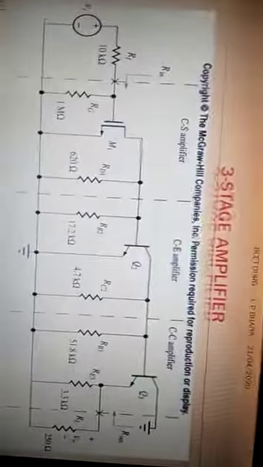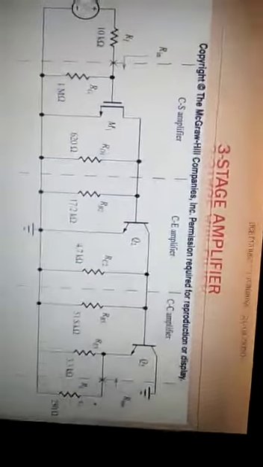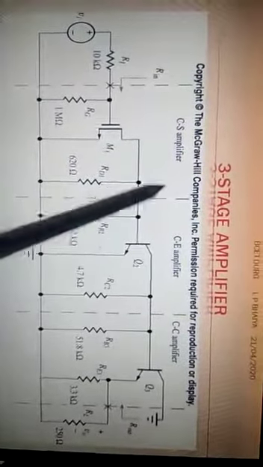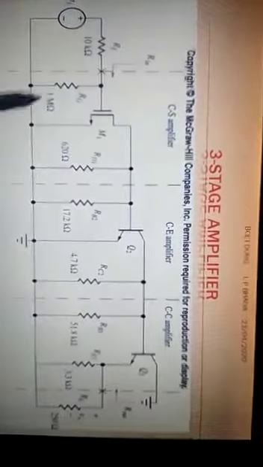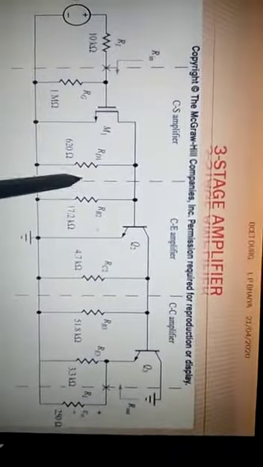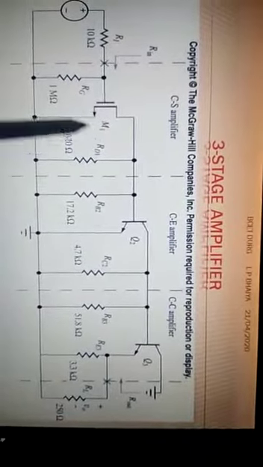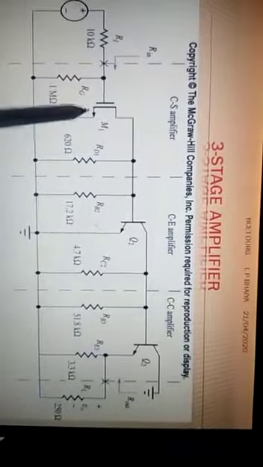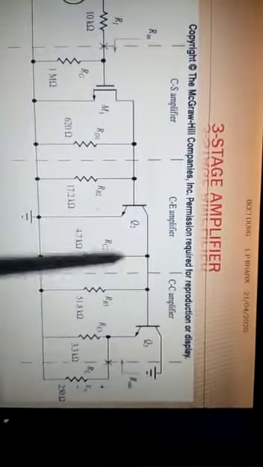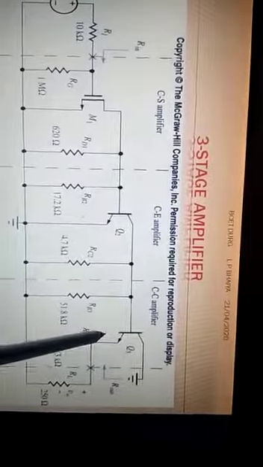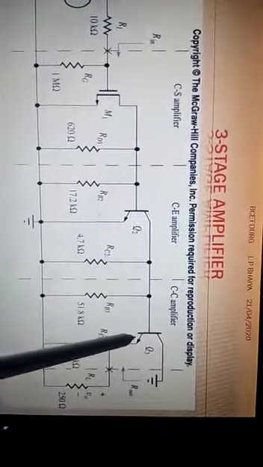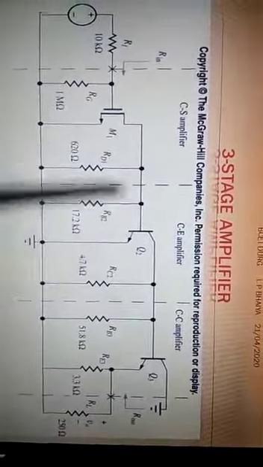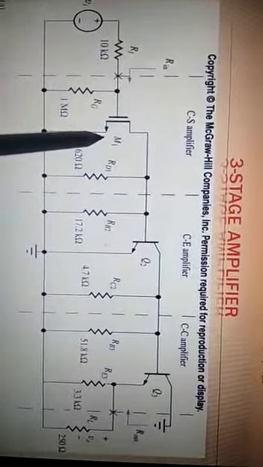So this is about the Darlington amplifier, where we can achieve this higher current gain. Here this circuit is shown for a three-stage amplifier where both types of transistors are used, that is FET and BJT. This is the common collector stage, this is the common emitter amplifier, and this is the common source amplifier.